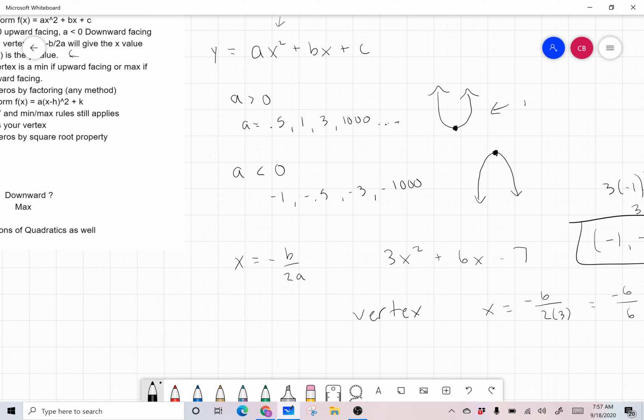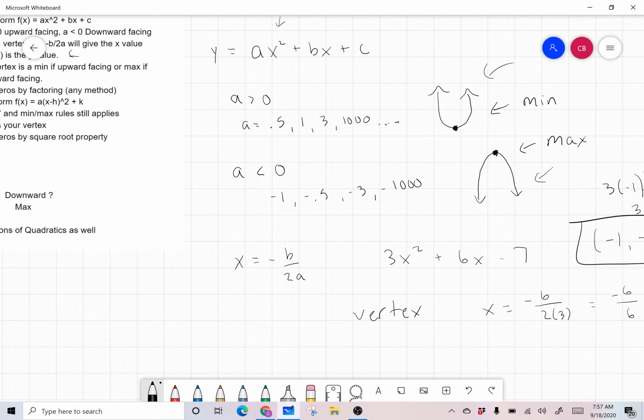This is a minimum if it's upward facing, and this is a max if it is downward facing. There's obviously no min on this one because it's pointing downward, so it goes on indefinitely down, and then the other one goes up forever and forever, and so there is no boundary in terms of the opposite. One does have a min, one does have a max, but they don't have both.